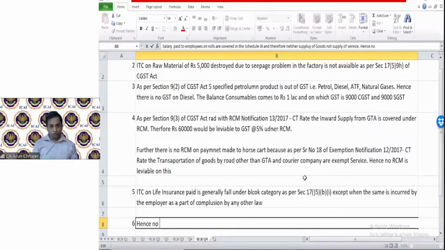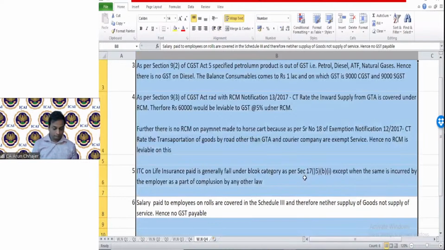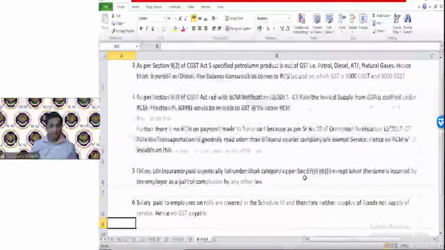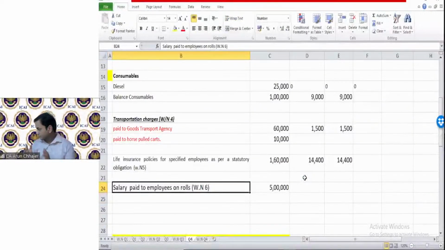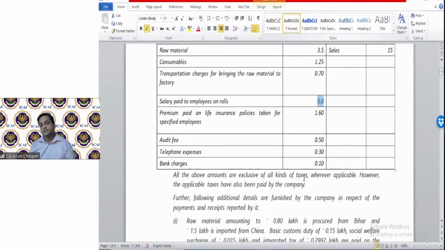Hence, no GST payable. Okay, is everyone okay till here? Please confirm. Everyone is okay till that? So we can move to the next.